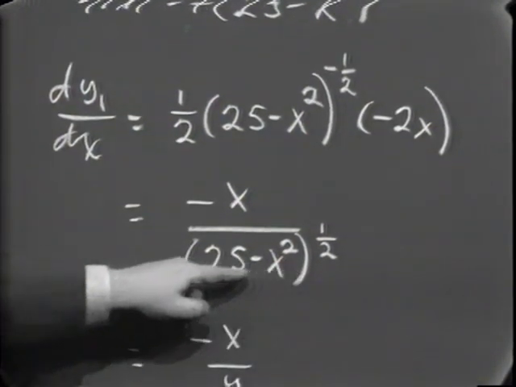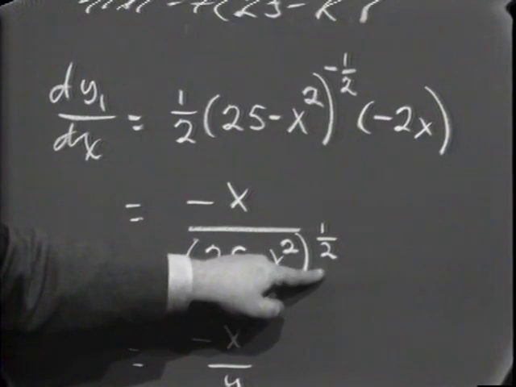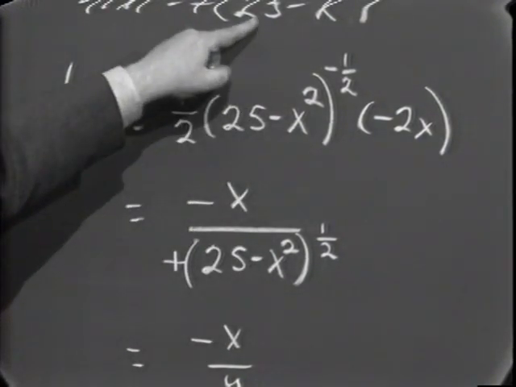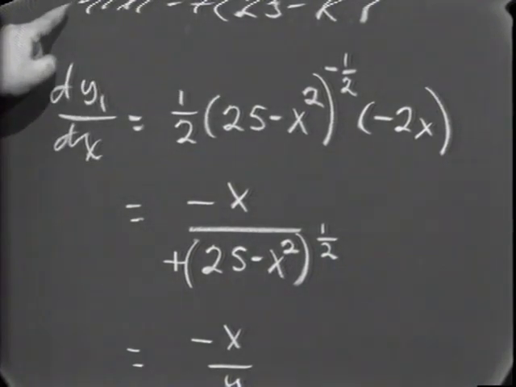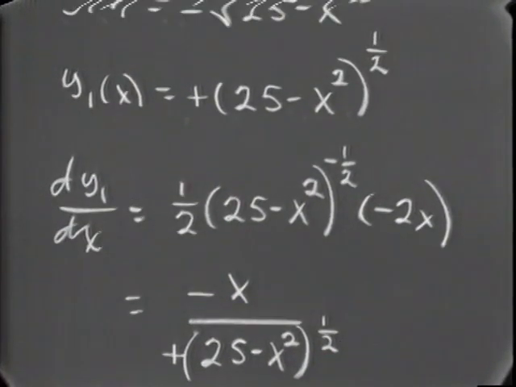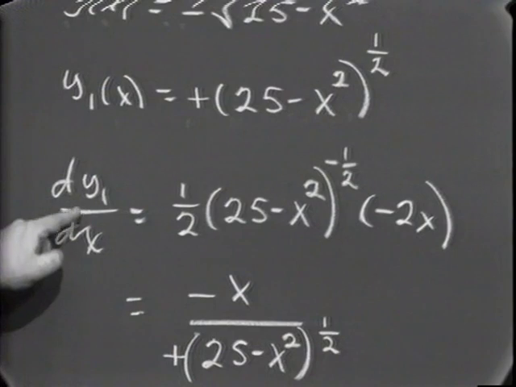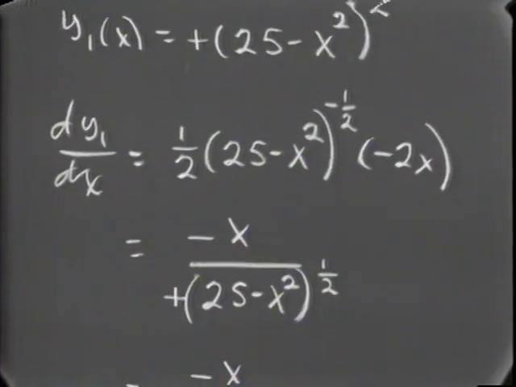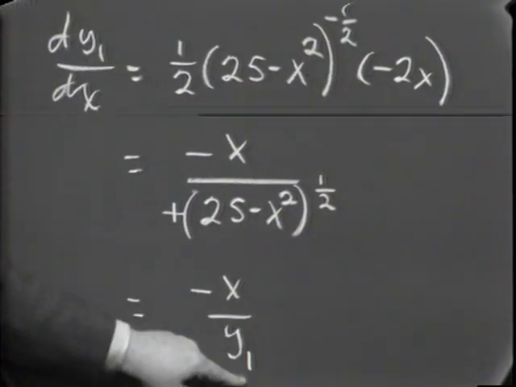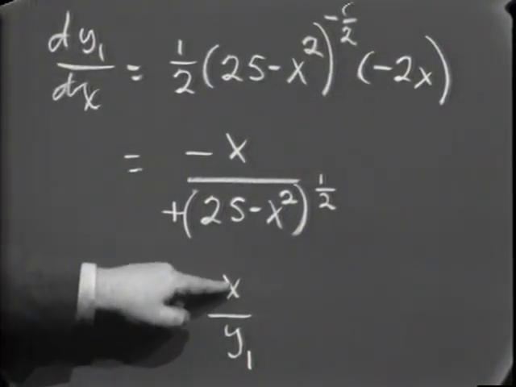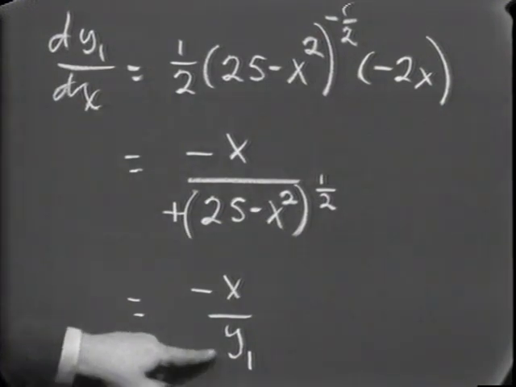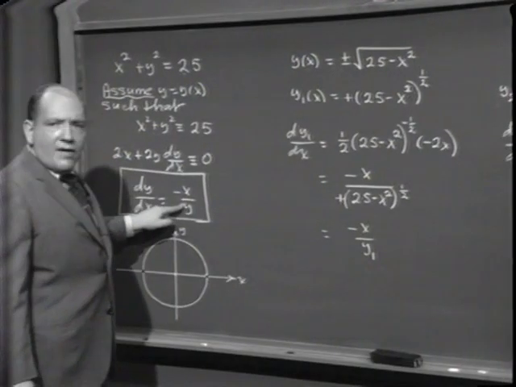Minus x over (25 minus x squared) to the 1/2. And recalling that (25 minus x squared) to the 1/2 is equal to the y value in this case, we get that the derivative of y1 with respect to x is minus x over y1, just calling the function this. That, at any rate, shows what? The negative x coordinate over the y coordinate, and that certainly checks with the result that we had before.